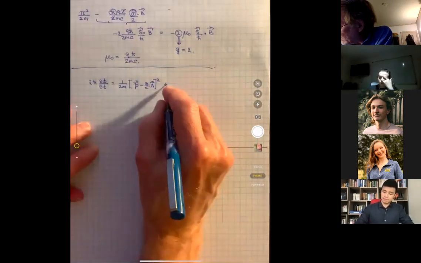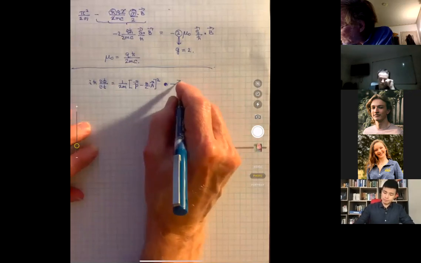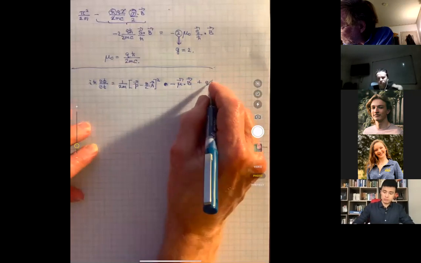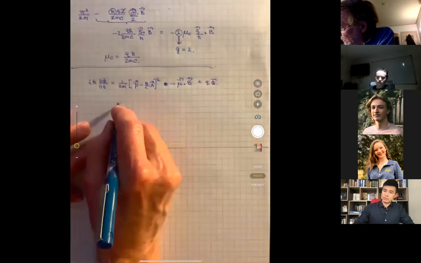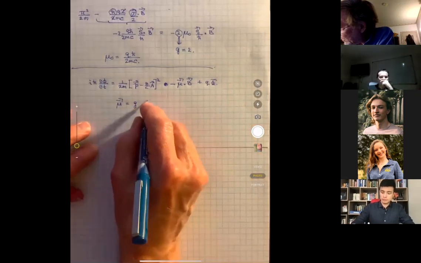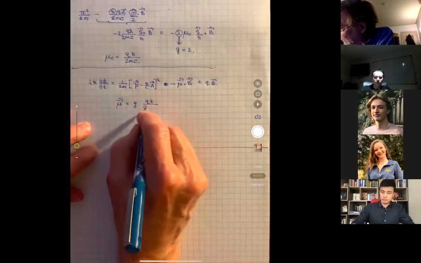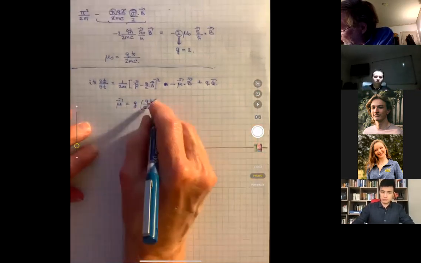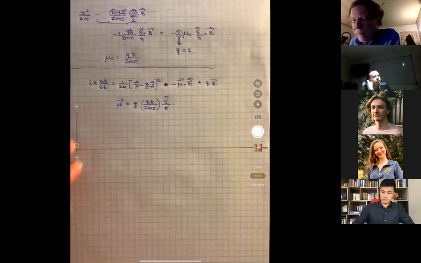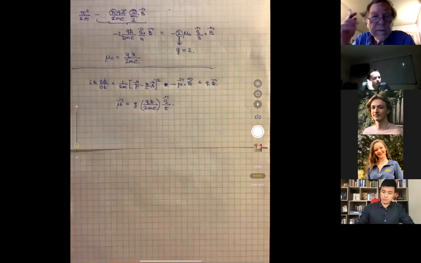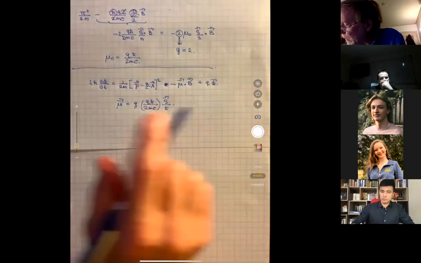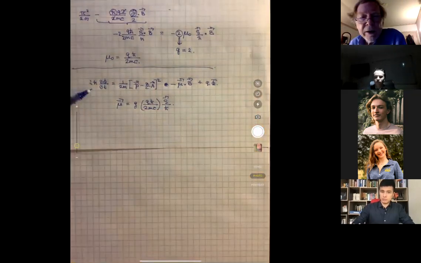Then with a minus sign, we get minus mu dotted into the magnetic field plus q phi, where mu is equal to the g factor times the charge q, h bar over 2mc, times the spin divided by h bar. Okay. So what we've shown is this, by eliminating the lower component.